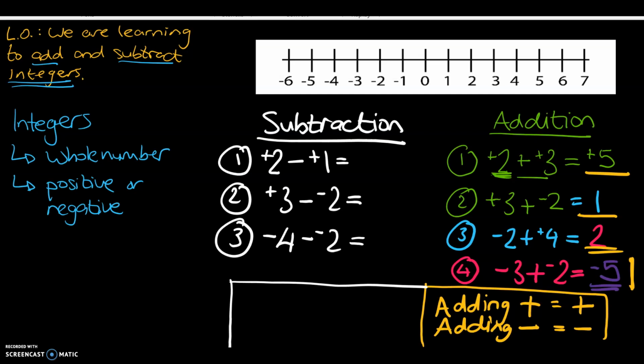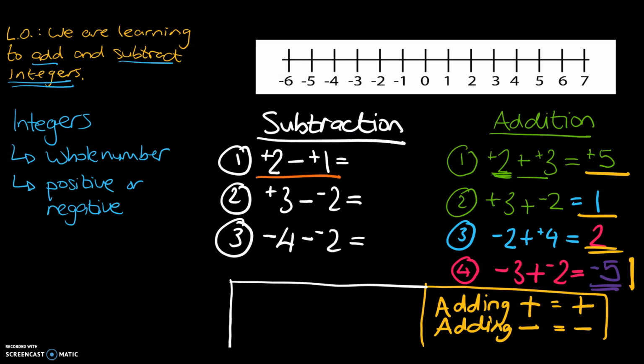For the first one, positive 2 minus positive 1. So that first number, that always relates to our start point, and we are starting at positive 2. And we are subtracting 1. So when we subtract, we normally make our numbers smaller.